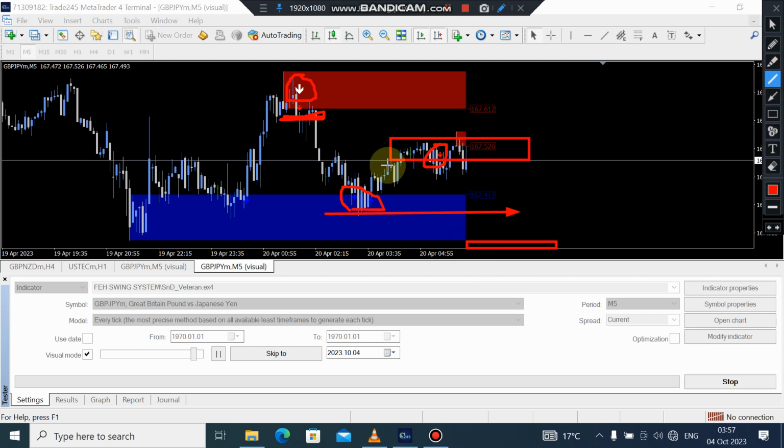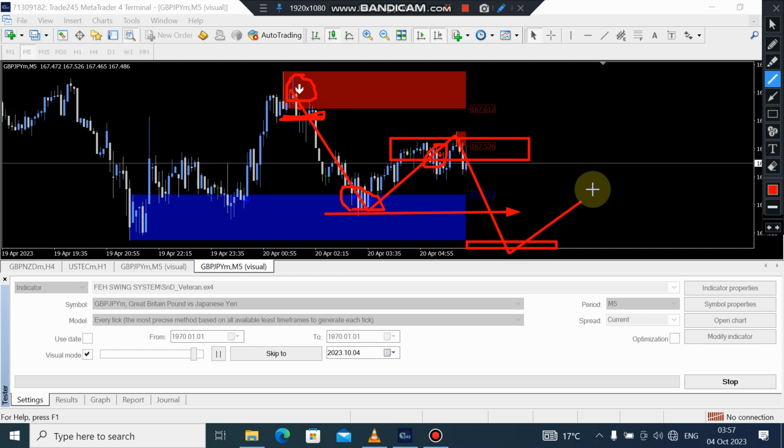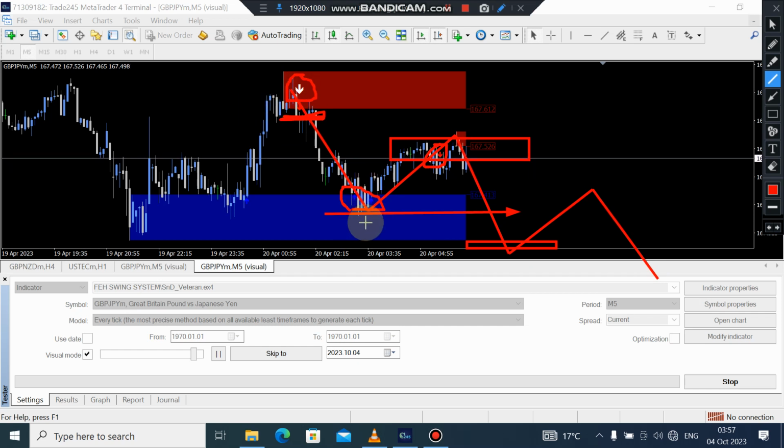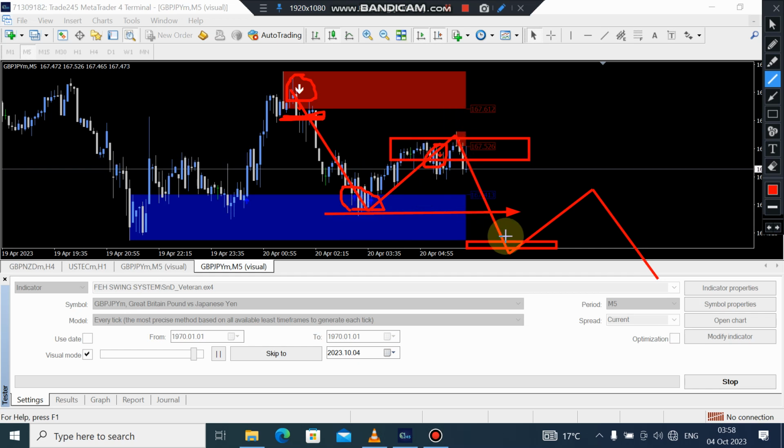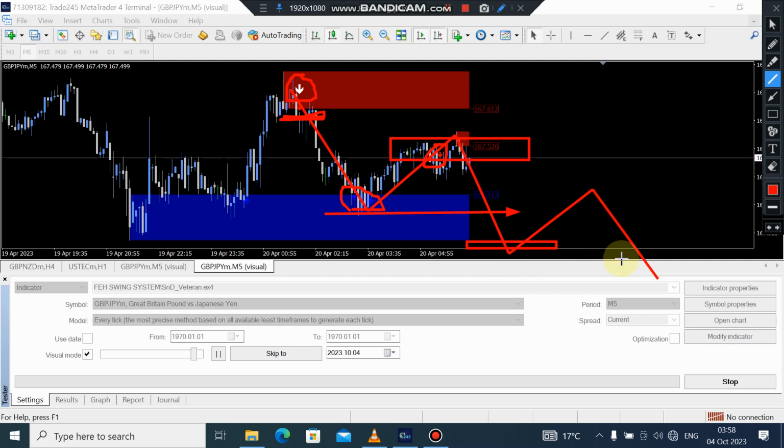As you know, the market forms lows and highs and lows and highs. So if this one is our high, this is going to be our lower low, this is going to be our lower high, this is going to be our lower low, this is going to be lower high, and this is going to be our lower low again.